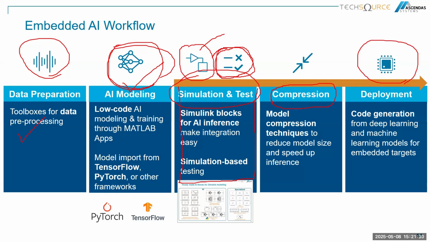In this workflow, I will show how we do this also. And then after this is deployment. So this is the overall workflow of merging MBD into the AI workflow.